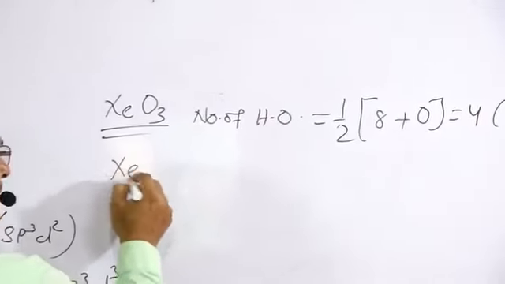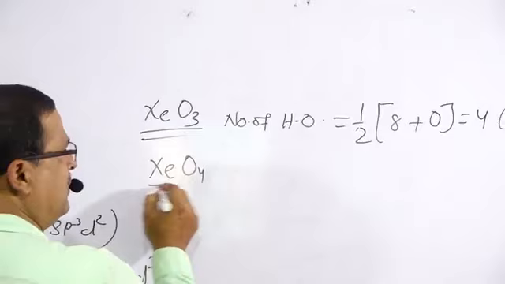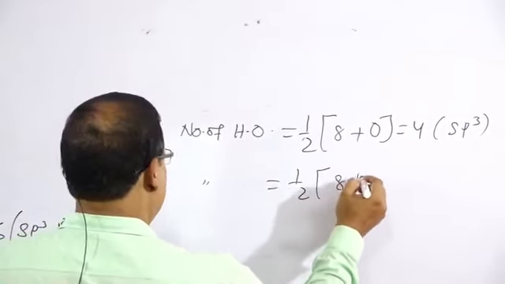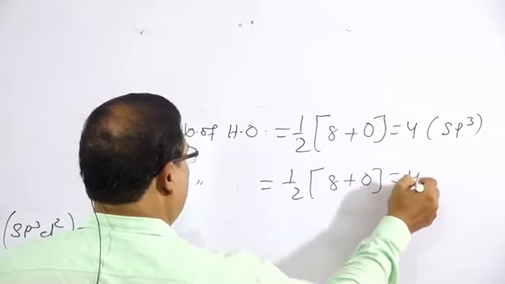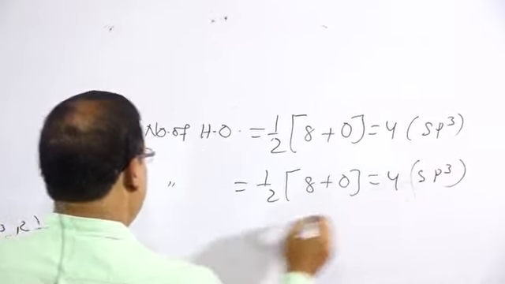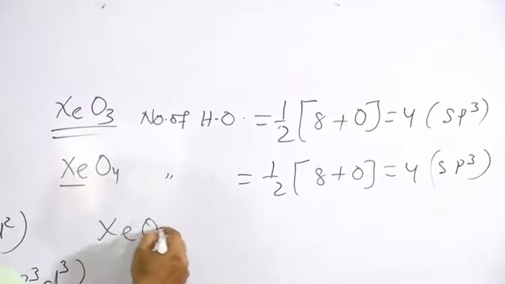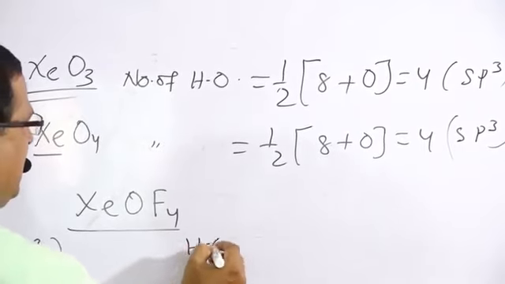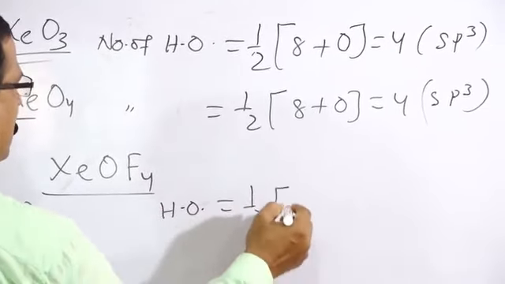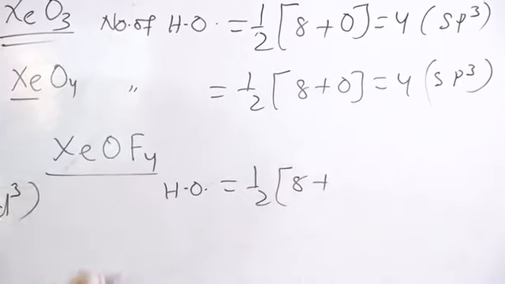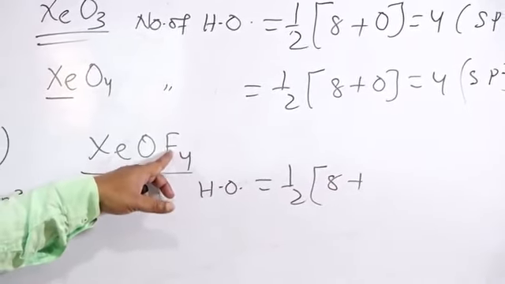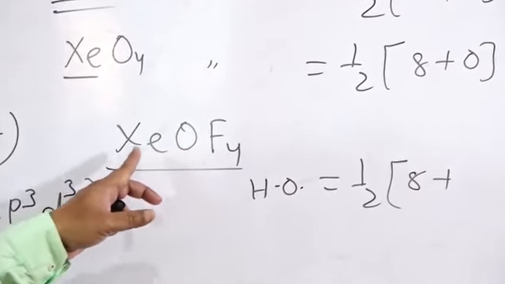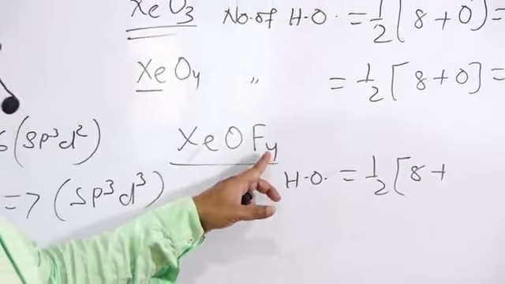In a similar way, XeO4, number of hybrid orbitals is half of 8 plus 0, that is 4, that is also sp3 hybridization. Then XeO2F2, number of hybrid orbitals is half of 8 plus the number of monovalent atoms, that is 4 fluorine atoms. Oxygen atoms are not counted because they are divalent. So 8 plus 4 divided by 2.